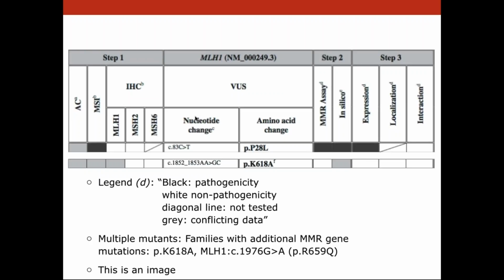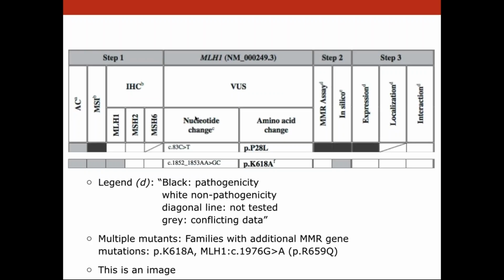The legend says that the black cells represent pathogenic or deficient, and white cells are non-pathogenic. The diagonal line means that it hasn't been tested, and the gray cells mean that there is conflicting data. This is something that manually we can understand, but I don't know of any automatic annotation system that can extract the information from such a table.